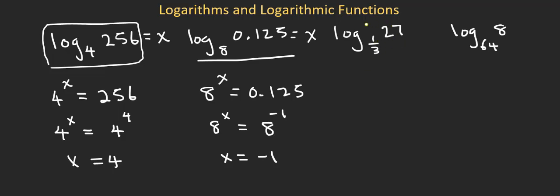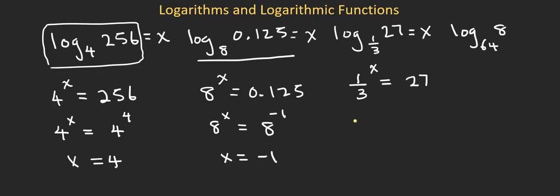So what about this one? Log base 1/3 of 27. Let's set that equal to x. So 1/3 to the power of x is equal to 27. Now, in order to compare the exponents, you need to have the same base.